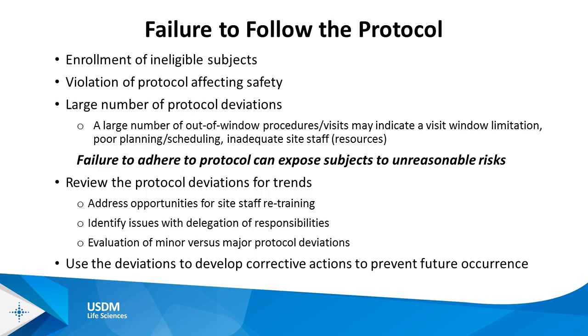So failure to follow the protocol, of course, can result in the enrollment of ineligible subjects. Protocols have specific inclusion and exclusion criteria that should be followed to ensure that you enroll the subjects that are intended for the trial.